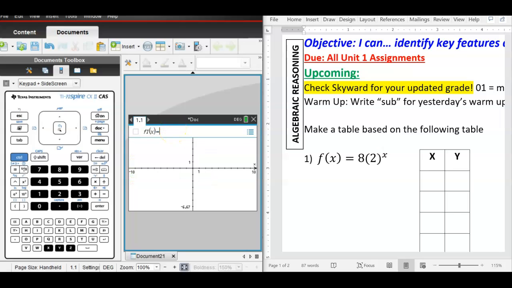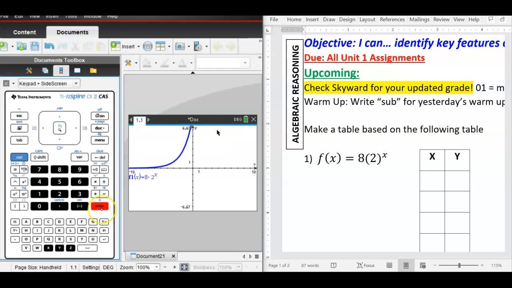Okay? Now, let's type this in, 8 parentheses, 2 parentheses, and then you have to hit caret, which is right here, caret x, to get an x in the exponent. Okay? So once you type that in correctly, you hit enter, and you can see that's an exponential growth.